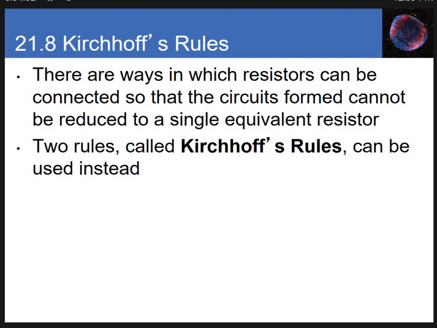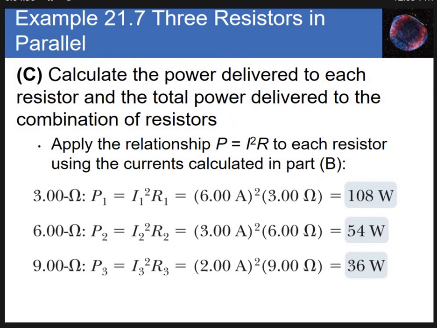Power is current squared times resistance, or voltage squared divided by resistance. So you can use one of those two equations, and I think it's in the formula sheet. But in this case, we're using the current, which is much easier.